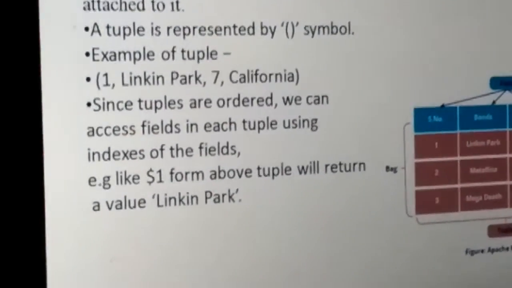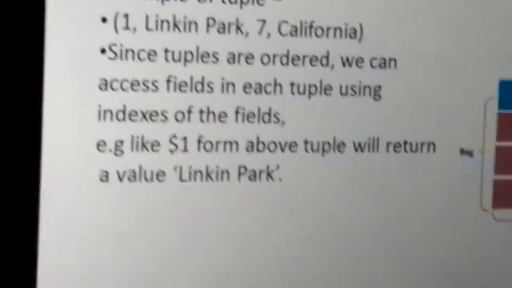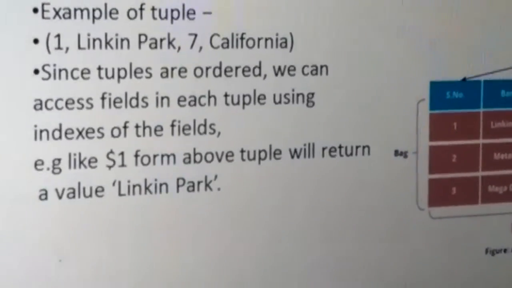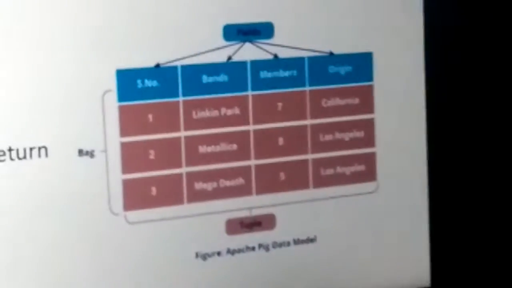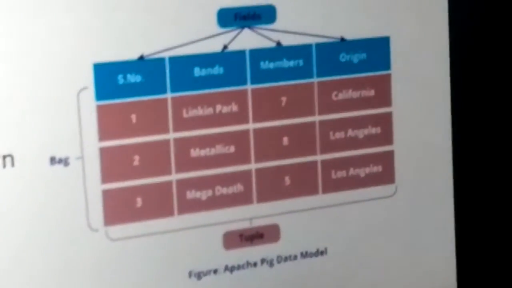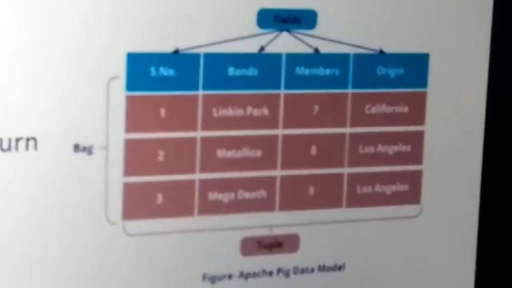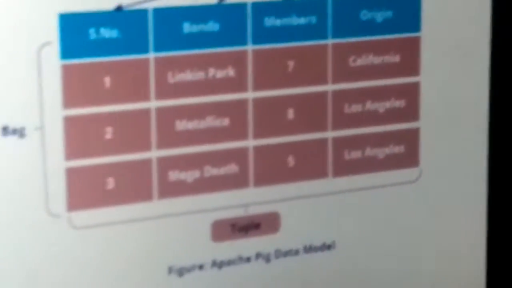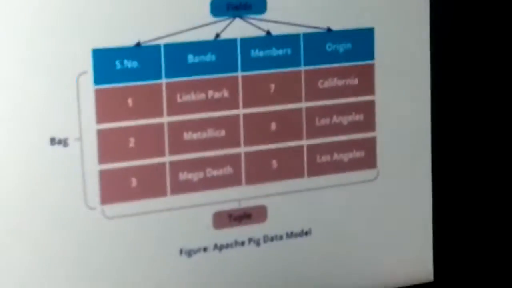Example, $1 from above tuple will return a value Linkin Park. Then $2 will return 7. Then $3 will return the first value, that is California, and so on.